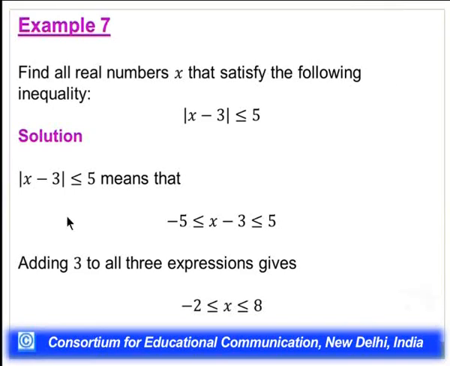So when I have mod of x minus 3 less than or equal to 5, it means that the expression inside the absolute value sign, x minus 3, has to lie between minus 5 and 5. Now all I have to do is add 3 to all the 3 expressions here. So I get minus 5 plus 3, which is minus 2, is less than or equal to x is less than or equal to 5 plus 3, which is 8, and therefore that is our solution. x lies between minus 2 and 8.